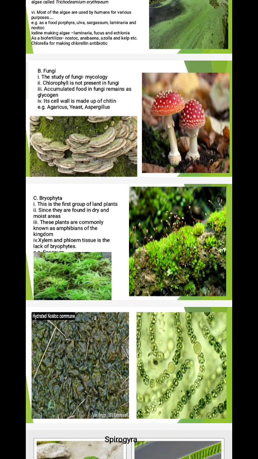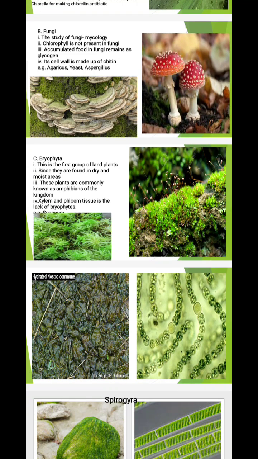That means there is no development of root or stems and xylem or phloem-like tissues. An example of this group is sphagnum. Sphagnum is also called peat moss, which is mostly used for gardening purposes.